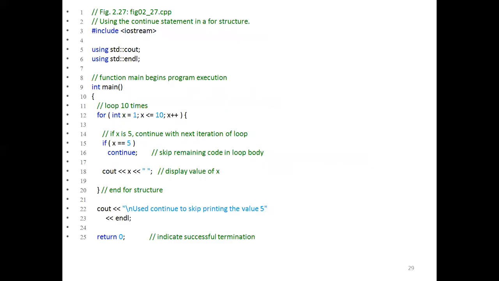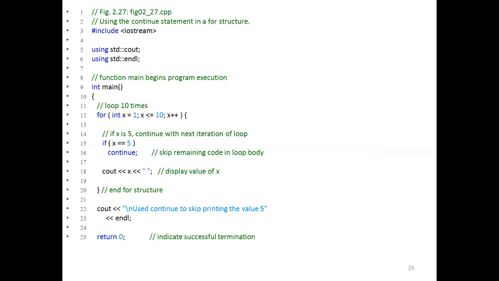For example, in the iteration from line 12, it starts from 1 to 10, smaller than or equal to 10. But if x is equal to 5, there is a continue.